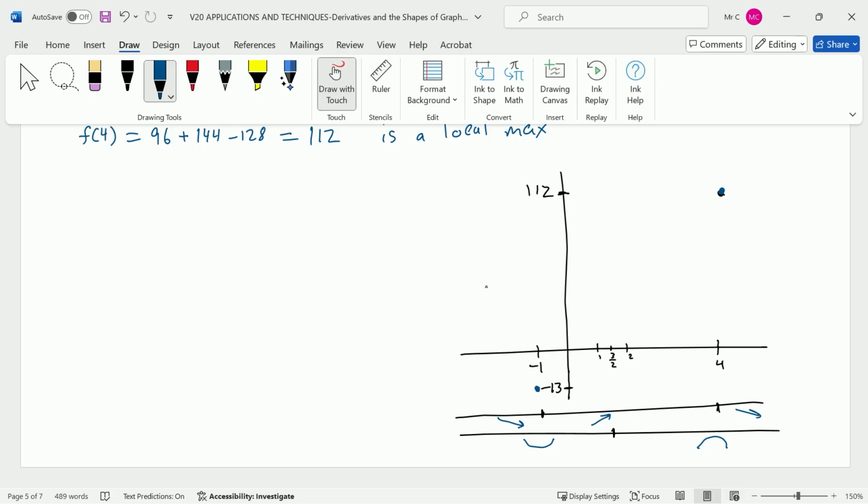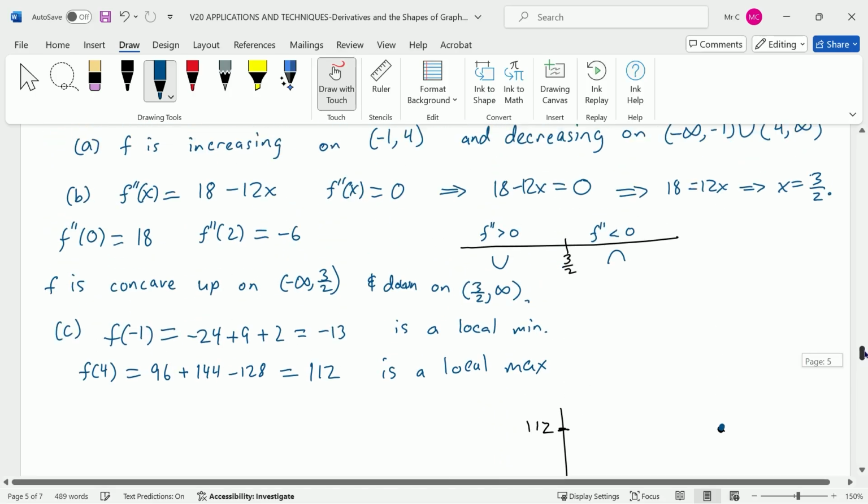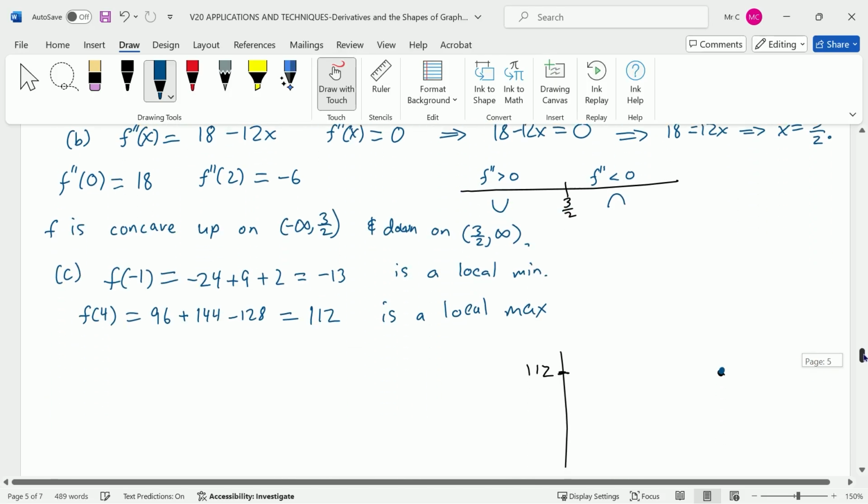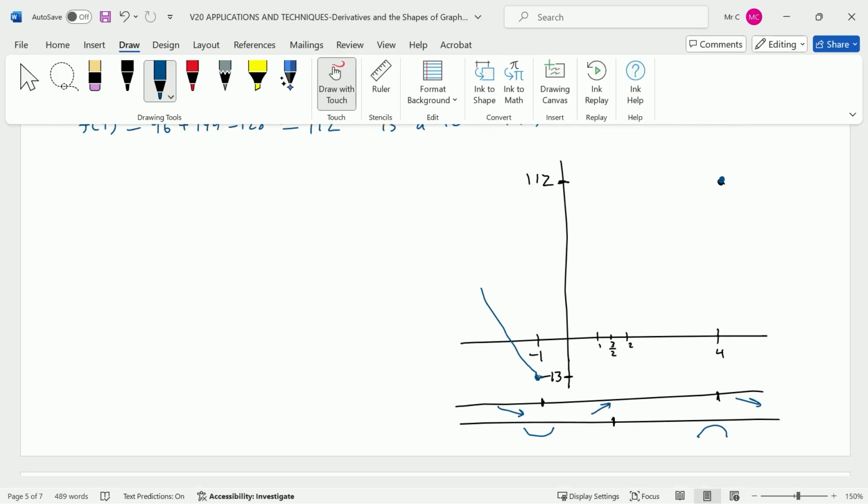And now, the graph is decreasing until it gets to negative 13, then increasing, and it's concave up this whole time. And just to make sure the graph is reasonable, when x is 0, we get 0 for f. So just make sure it passes through at a reasonable point on the y-axis.